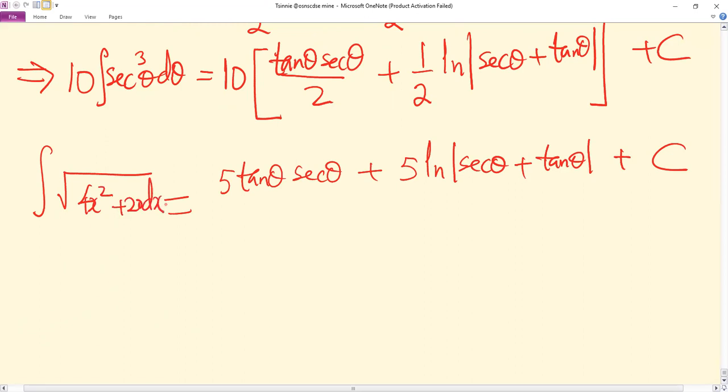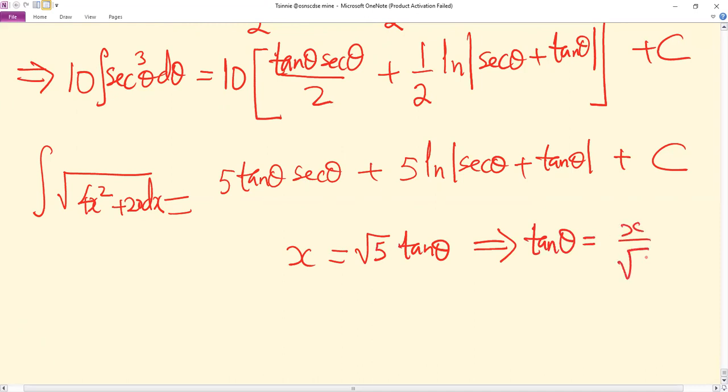But remember, theta was not in the picture, so we have to change all the values. So we know that x is given by, from what we have fixed, root 5 tan theta. So this means that tan theta itself is the same as x over root 5. Now you draw a right angle triangle.